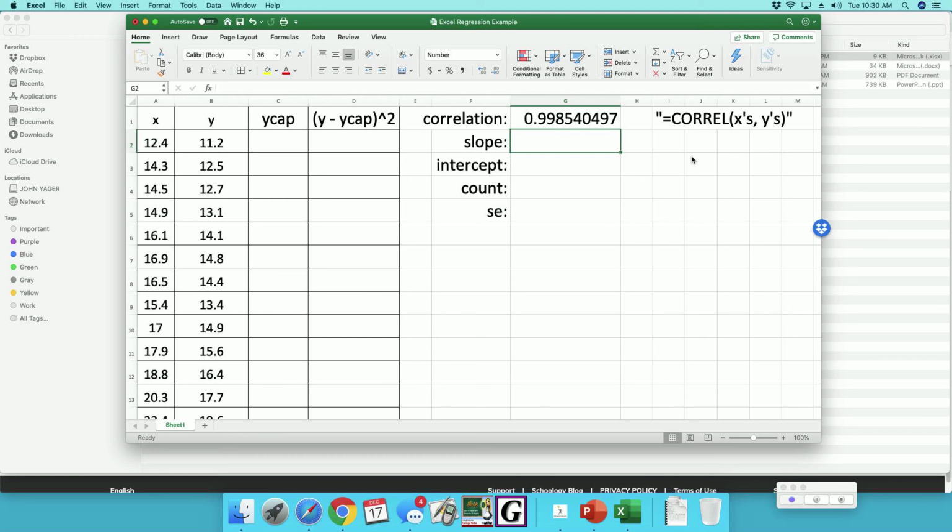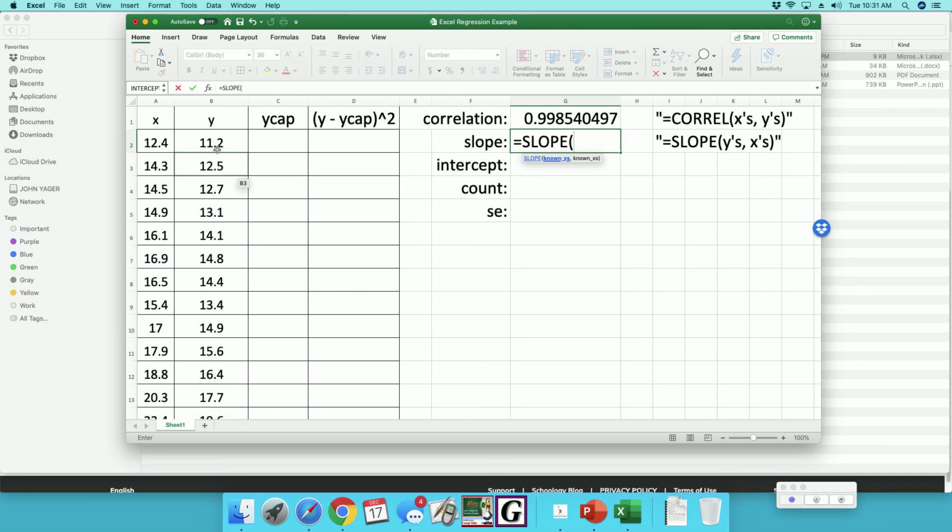Now we want to figure out our line of best fit. So we're going to do slope. This is equal SLOPE, but with this one, you put in the y's first, then the x's. So here we go, equals SLOPE, found it.